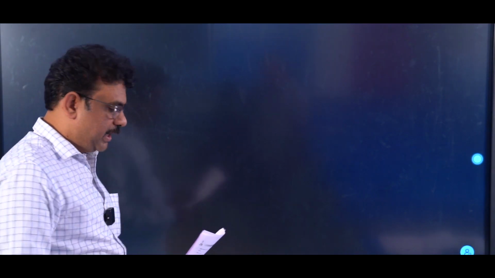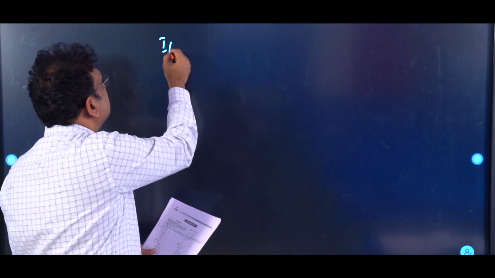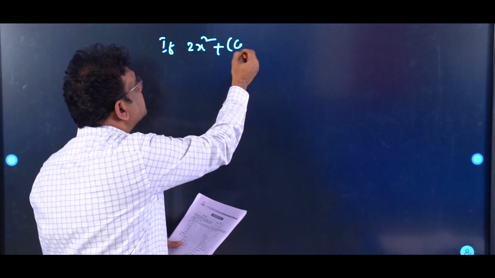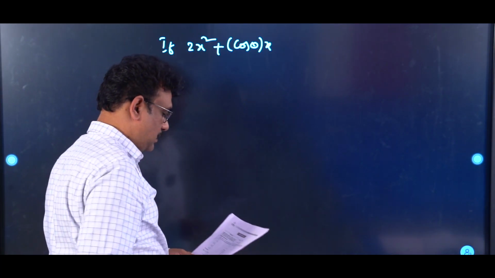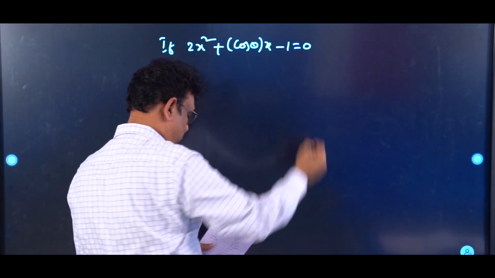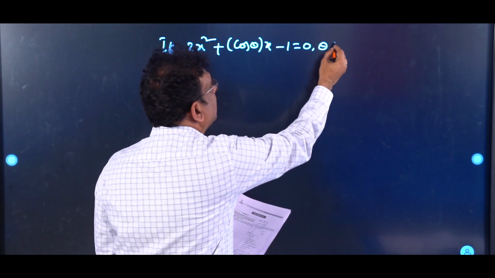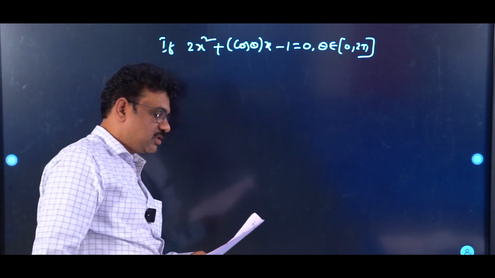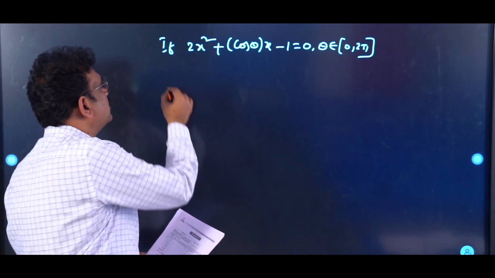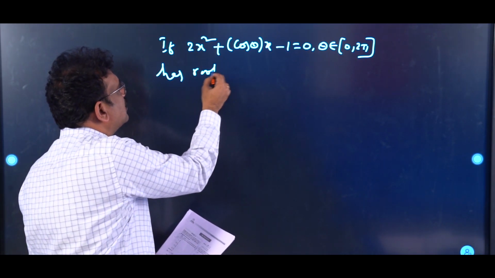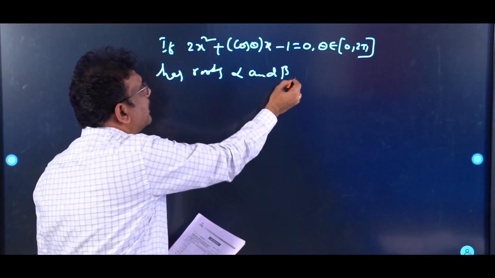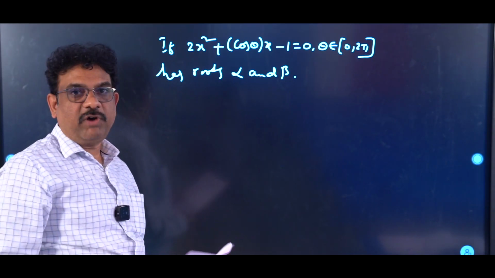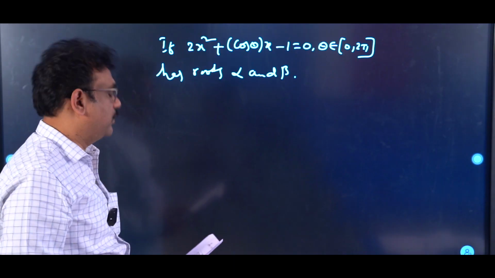Okay, next problem. If 2x square plus cos theta x minus 1 is equal to 0, when theta belongs to the closed interval 0, 2 pi, has roots alpha and beta, then find the sum of maximum and minimum values of alpha power 4 plus beta power 4.